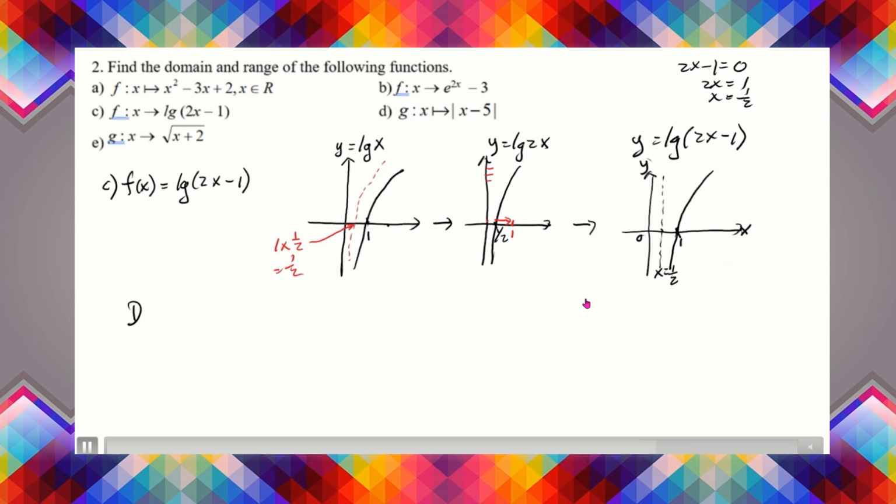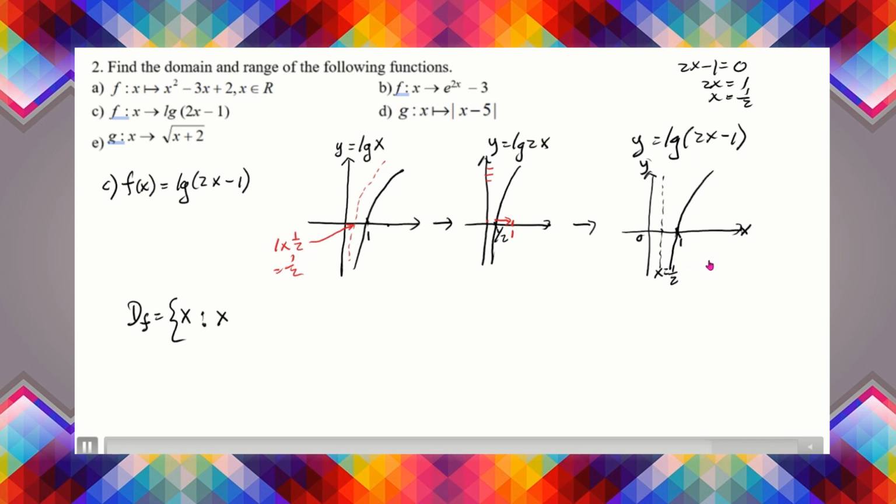Now we can find the domain. Imagine we draw all the vertical straight lines. Before 1 over 2, the vertical straight line won't intersect the curve, so that is not in the domain. After 1 over 2, the vertical straight line will intersect with the curve.